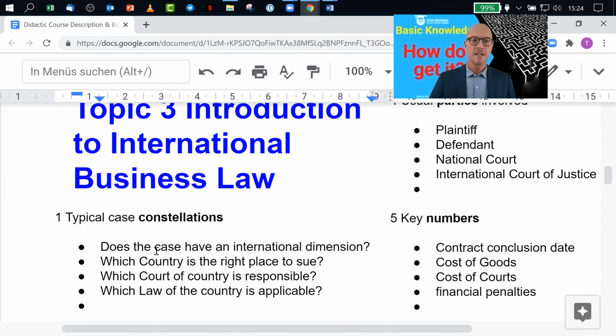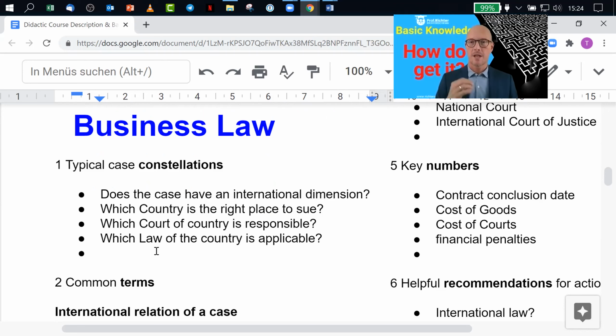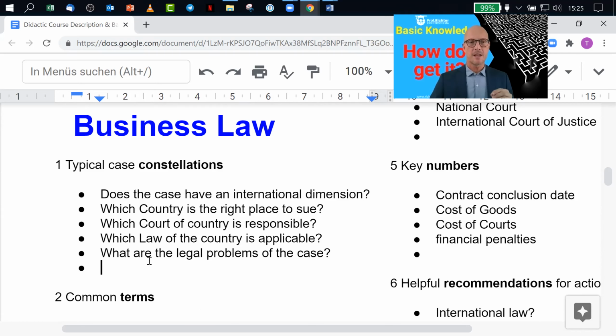And then the next thing, you have to find out what are the most important problems, so the legal problems of the case, right? And so on. These are typical constellations or typical questions in the beginning.